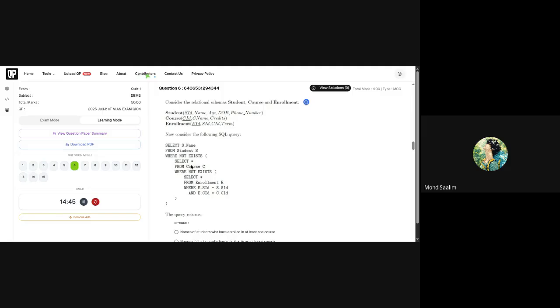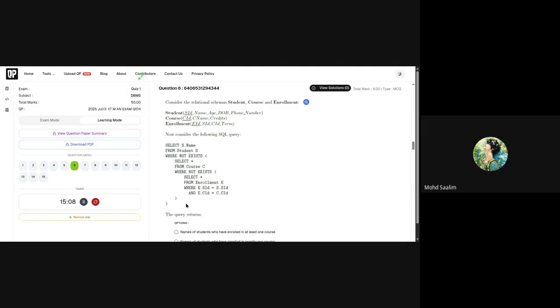And this select star course is selecting all such courses which the current student had not taken. And if this collection is being generated, then it means this not exist will return false. So not exist will return true when this collection is empty. So our ideal goal is to make this collection empty.